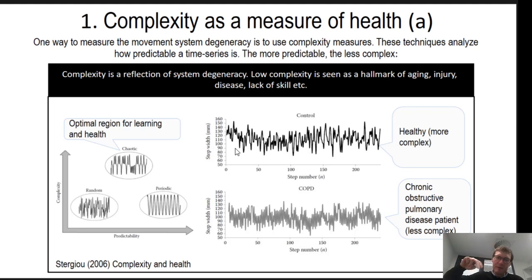Someone's stepping along, and you measure the distance between each step. Here we've got a measure of something called the step width. This is the width between two successive heels, right? If this is really wide, if it's a large value, it means that they have a wide gait, in order to be stable.